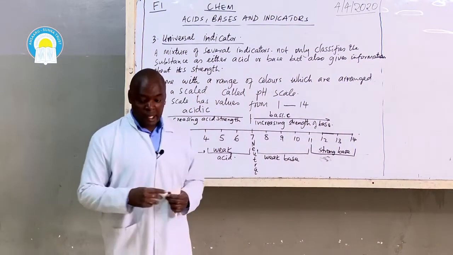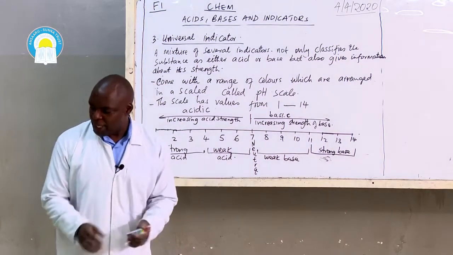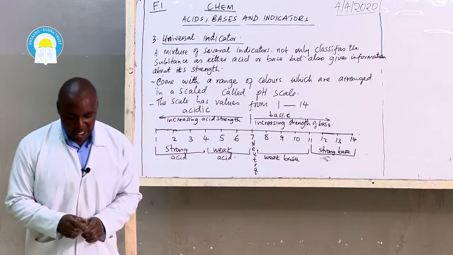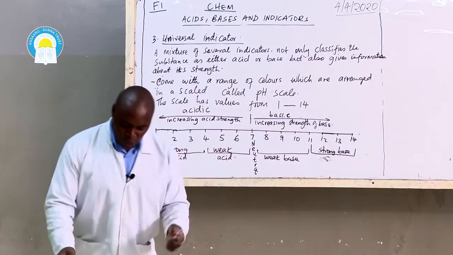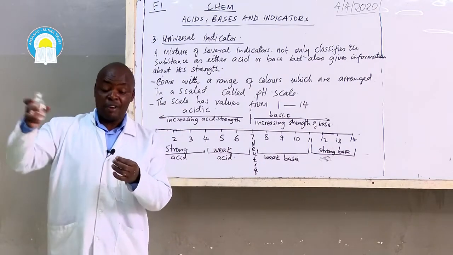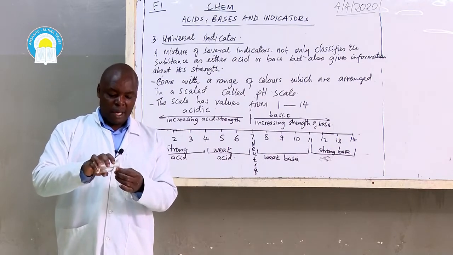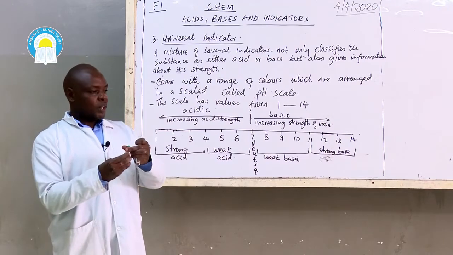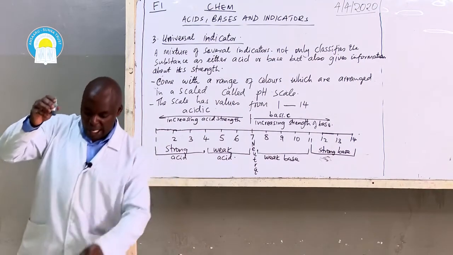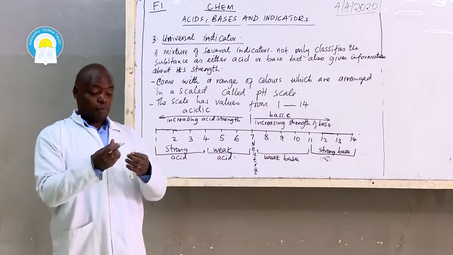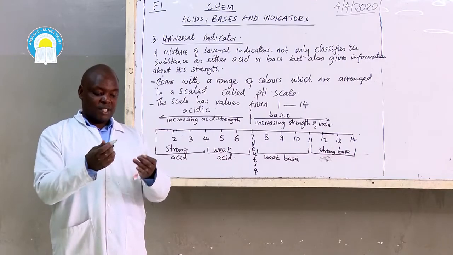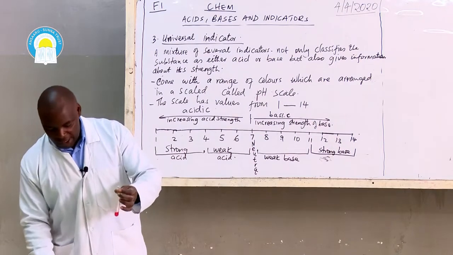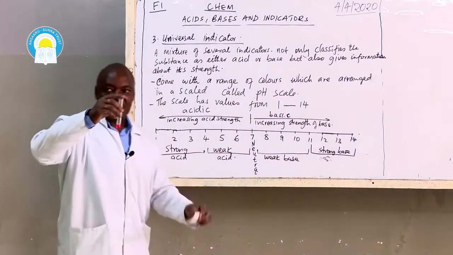So we want to see how we can find the pH of a solution. In order to find the pH of a solution, you take that solution, like this solution of hydrochloric acid. Then you add 2 or 3 drops of universal indicator and check the pH of that solution using a pH chart.